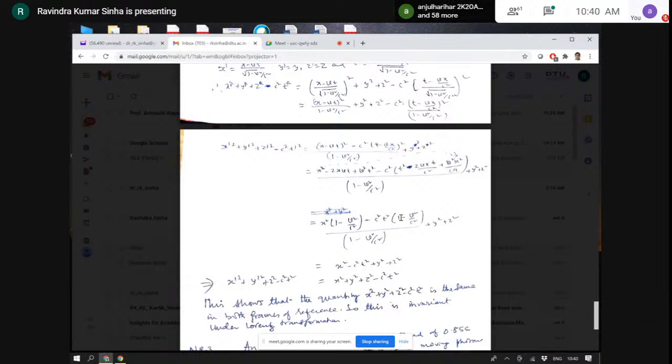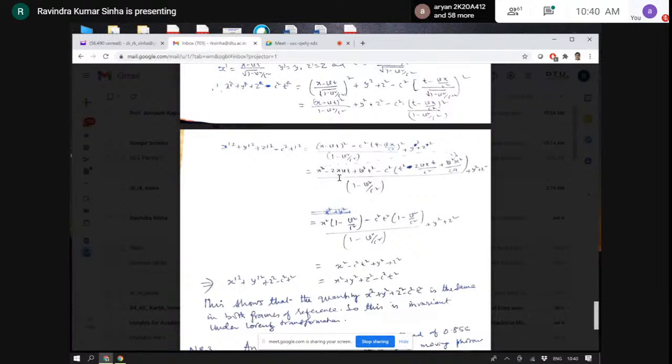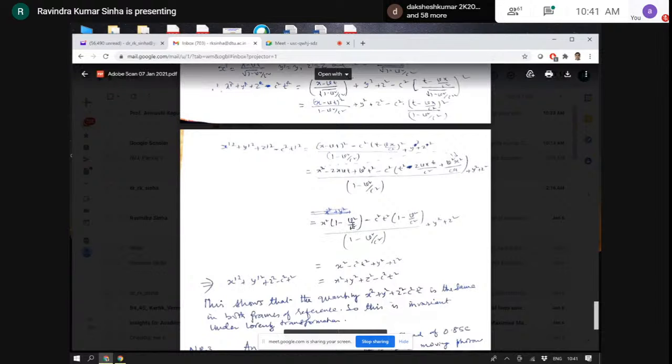And this c square and c square will be multiplied, then it will be cancelled, and minus minus will be plus. So this term and this term will be cancelled. V square t square will be here because c square you are multiplying, then it cancels, so minus v square. So I have not done anything wrong. And then you take this common, so this term will be cancelled.